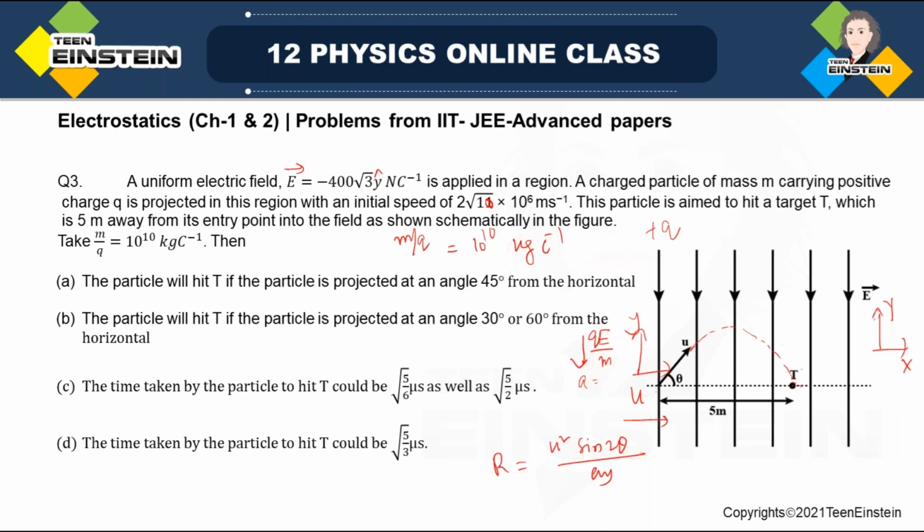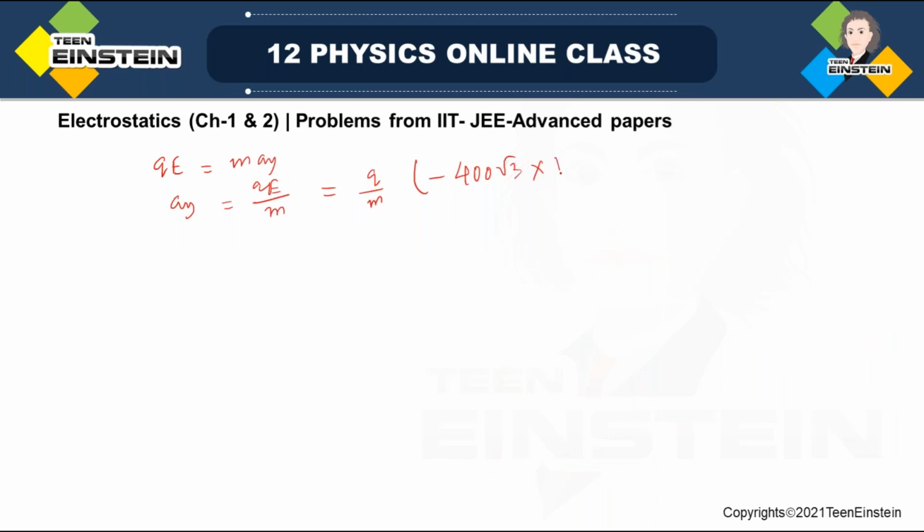I need to check this value. I hope there is some problem in this. So M by Q maybe is 10 to the power minus 10. It is not 10 to the power 10, it is 10 to the power minus 10. Therefore, it is 10 to the power 10 here. Okay, this is meter per second square. This is the acceleration in the vertical direction we get.